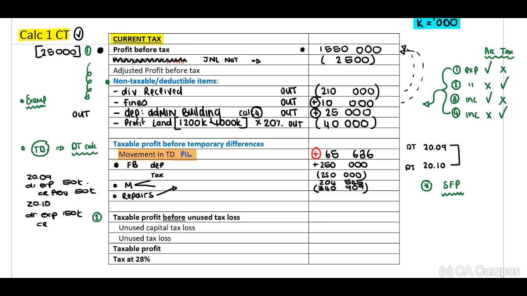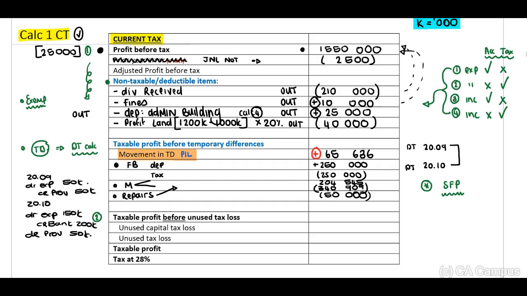We credit our bank with 200,000 and we debit our provision with 50,000. Therefore, the actual outflow will then be 50,000. 200,000 minus 150. Okay?